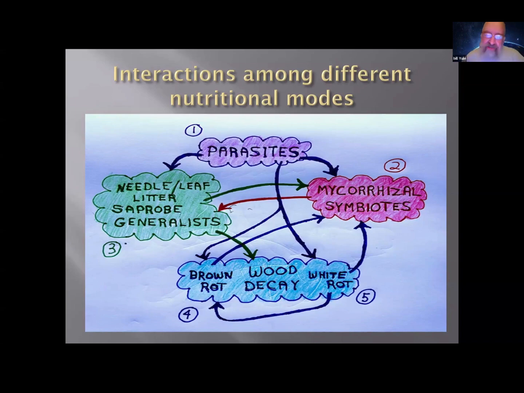If you look at mycorrhizal symbiosis, there's only one arrow that goes from this red bubble here over to the leaf litter. That's because sometimes mycorrhizal symbiosis doesn't have the energy supplied from a tree to the fungus to complete the job of allowing the fungus to form a fruit body.